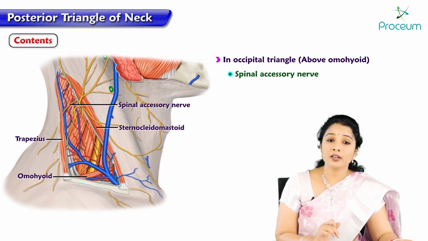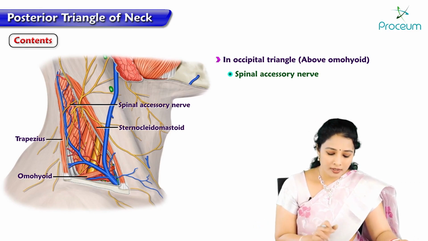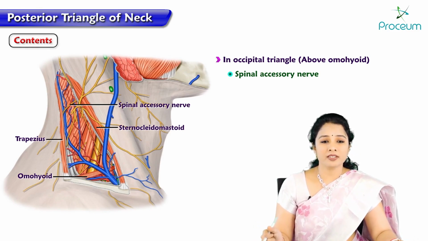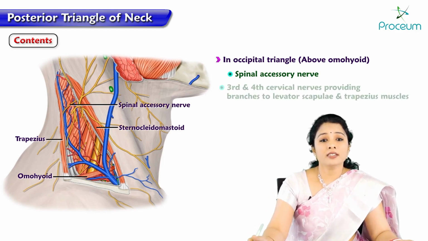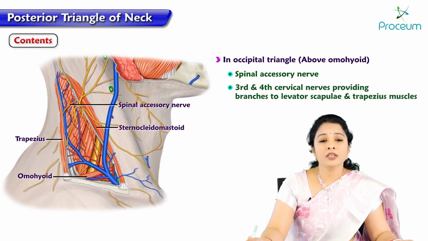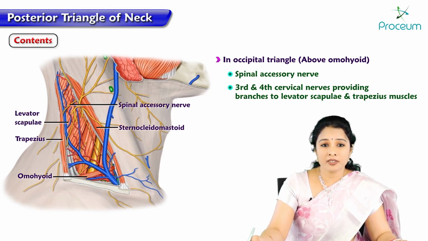The next are the third and fourth cervical nerves, which provide branches to levator scapulae and trapezius. So trapezius has a dual nerve supply: it is supplied by the spinal accessory nerve and also by the cervical nerves C3, C4.